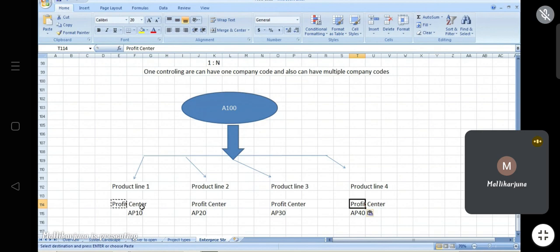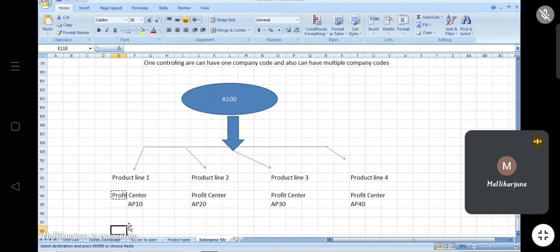As we have seen here, with 4 product lines, the business would like to know the profit and loss, or prepare the P&L accounts at business unit 1, that means profit center 1, profit center 2 and profit center 3. Because the 4 product lines are different, internally they have to prepare the financial statements product wise. So I would say that profit center is nothing but a business unit.